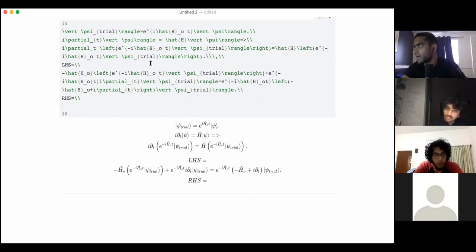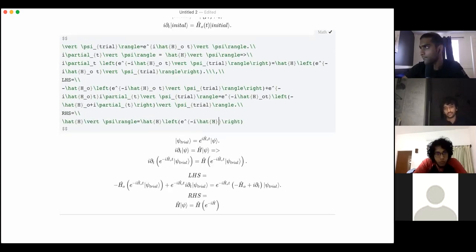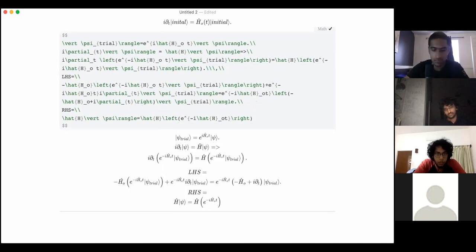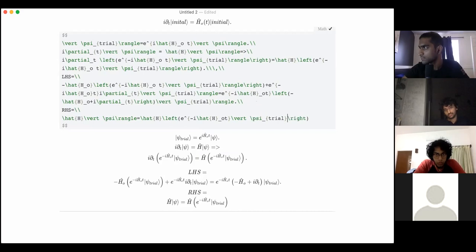So I write down the expression that we had up here, just to remind ourselves: hat H e power minus. But now we want to get this e power minus i H naught t to the left hand side.